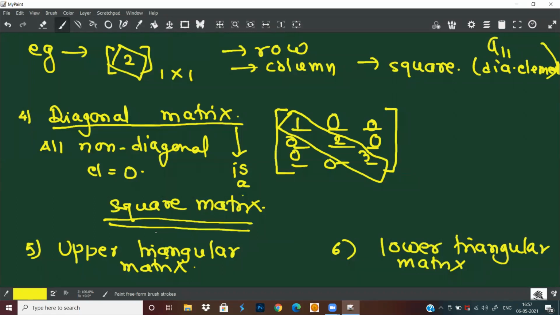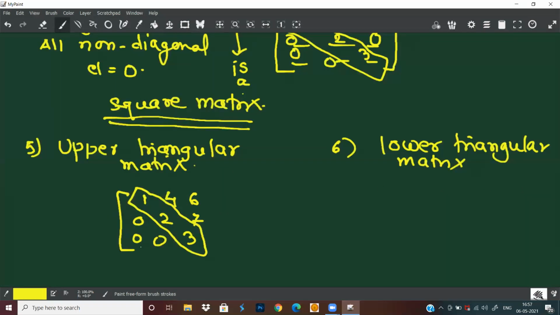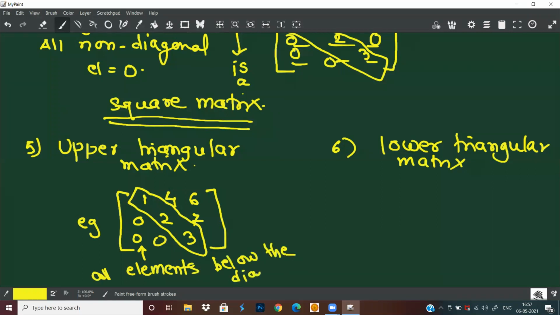Upper triangular understood: all the weight above, and below the diagonal we need zero. You want me to write elements below the diagonal? All elements below the diagonal are zero.